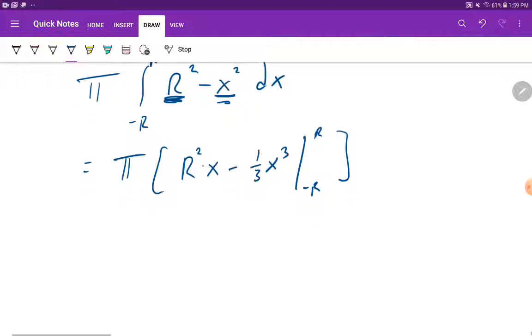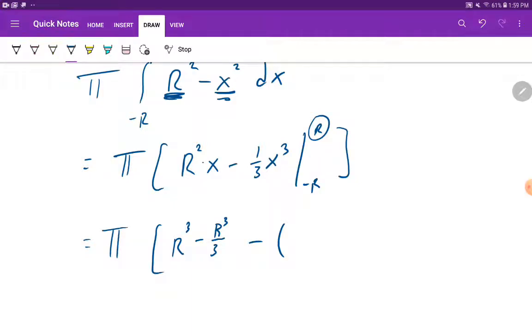And we just plug in the upper bound minus the lower bound, right? So I'm going to keep the pi on the outside. Upper bound, you get R cubed minus 1/3, well, I guess R cubed, right? R cubed on top, because plugging the upper bound, minus the lower bound. So this one's going to become negative R cubed. This should be plus R cubed over 3. Oh, look at that.